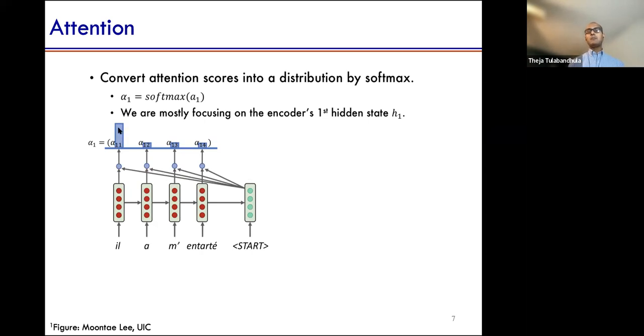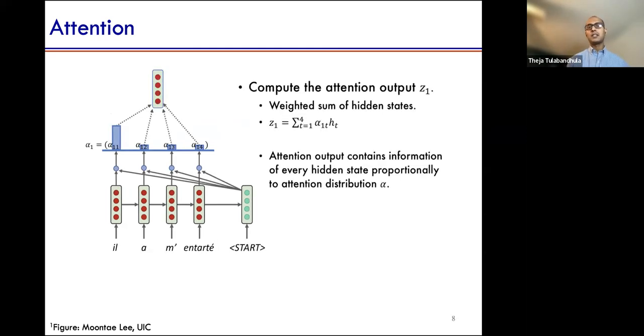Important in the sense that the vector may inform me in better producing the first output. If the first hidden vector is useful, then maybe I can use that information while producing the first word at the output. So how do we use that information? We have these weights, and I'm going to take an average of all my hidden vectors based on these weights. Let's say alpha 11, alpha 12, alpha 13, alpha 14 are 0.7, 0.1, 0.1, 0.1.